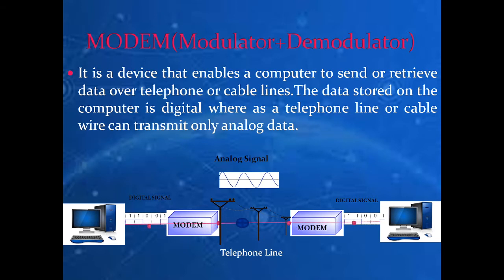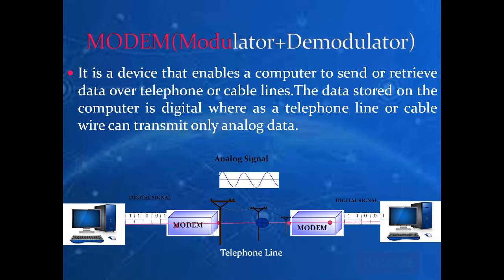So it is mandatory that the analog signal is first converted to digital before reaching the computer system, and the digital signal which comes out from the computer system must be converted to analog signal before reaching us. Both these processes are done by the modem. So what is the use of a modem?